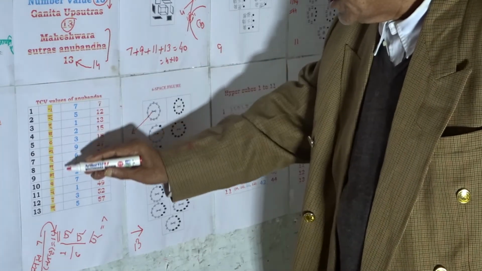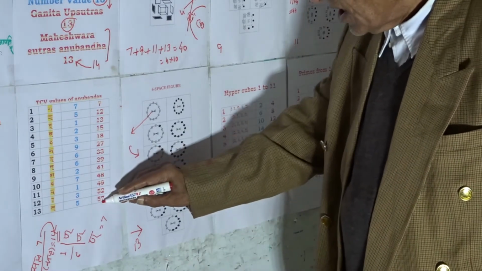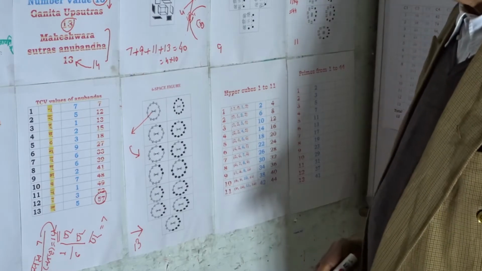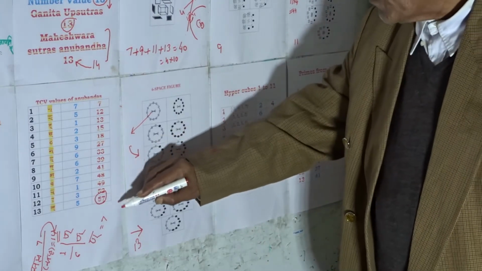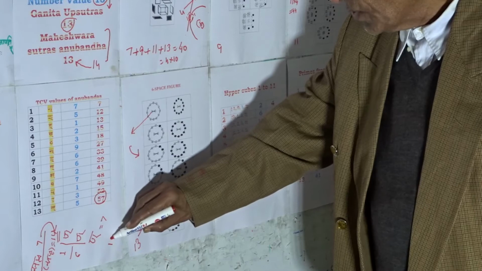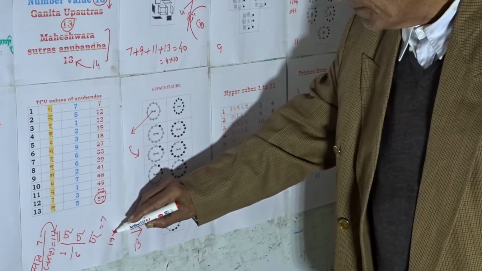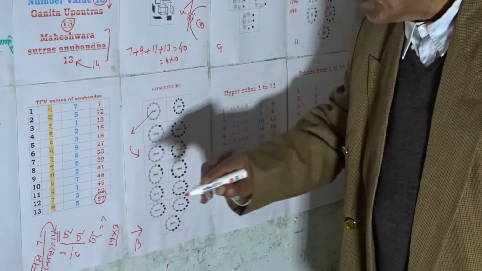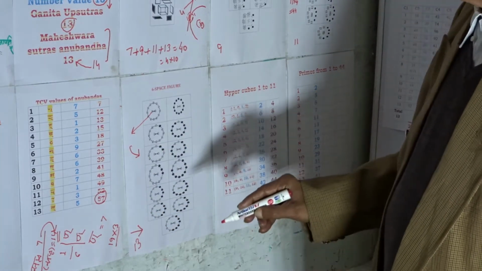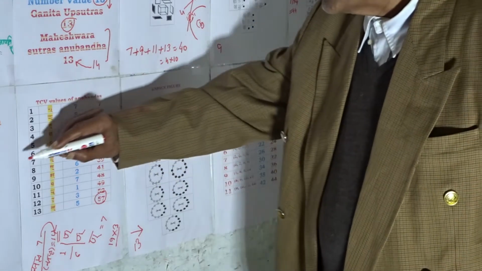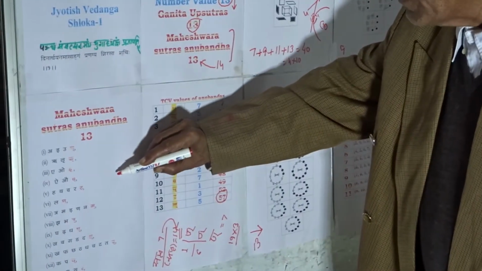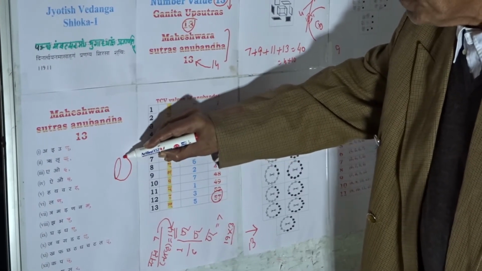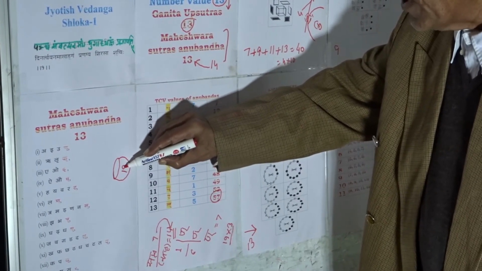And these 13 Anubandhas are taking us to the TC value 57. It is this value 57 which is equal to 19 into 3. That means we will be reaching a format for value 19, which we know is the value of a southern hemisphere. So it is the northern hemisphere which is of TC value 19.